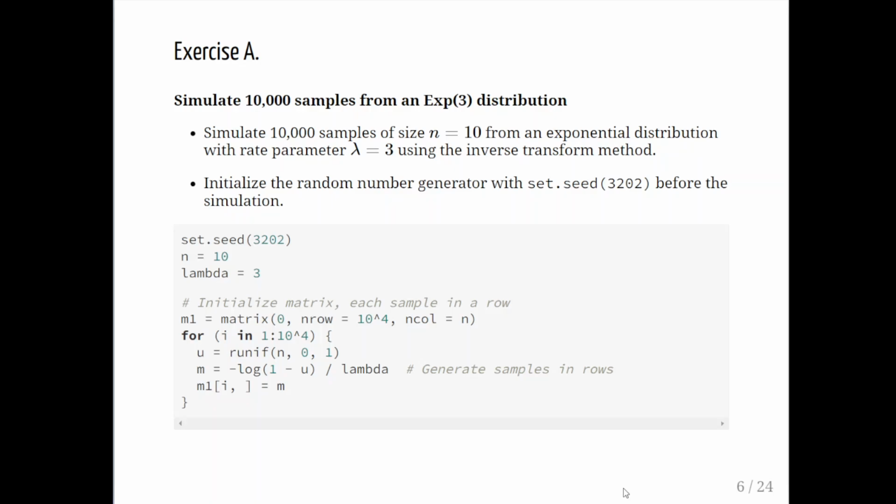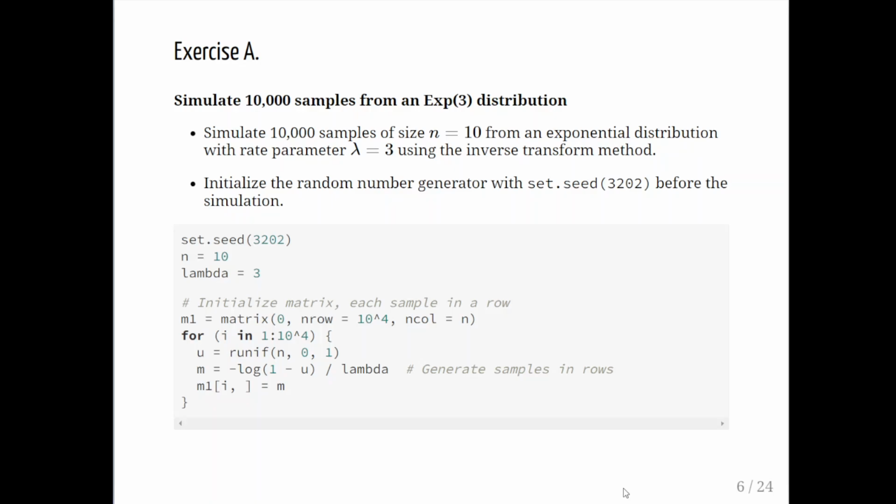m is the generated sample in the row. So essentially what we're going to do here is transform those values u into exponential random numbers using the inverse transform method. So it's minus log of 1 minus u, divided by lambda. So it's a straightforward enough calculation really. And here's the last step.